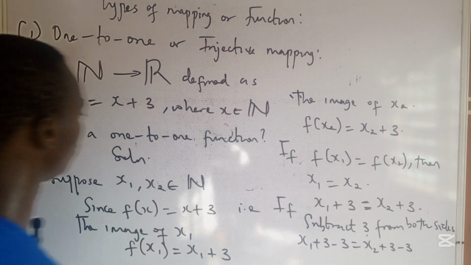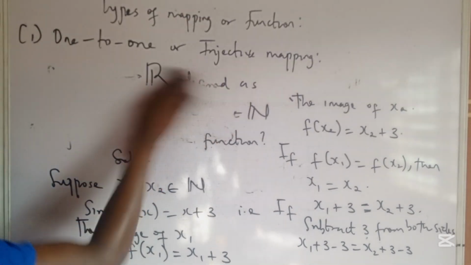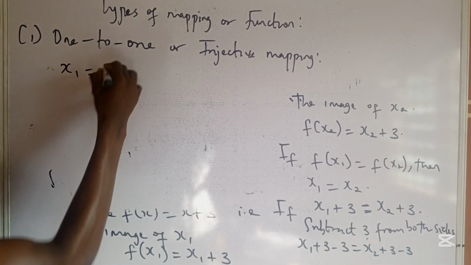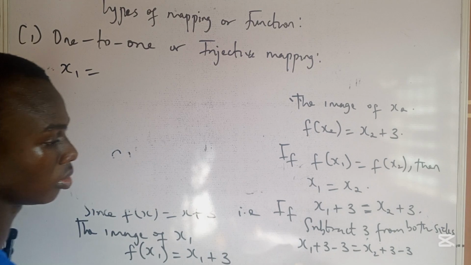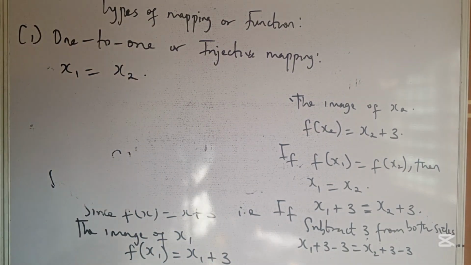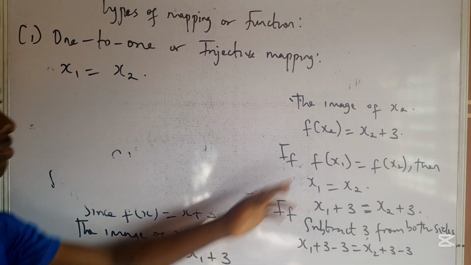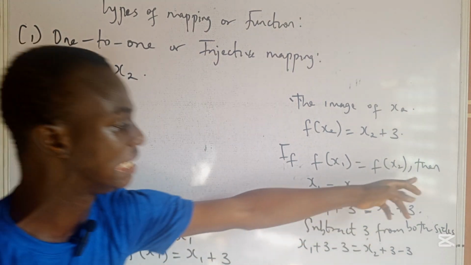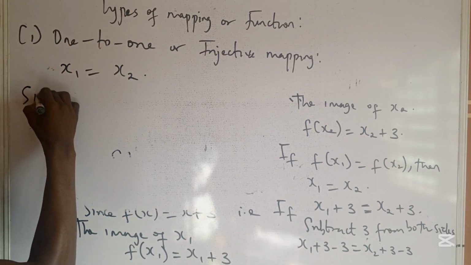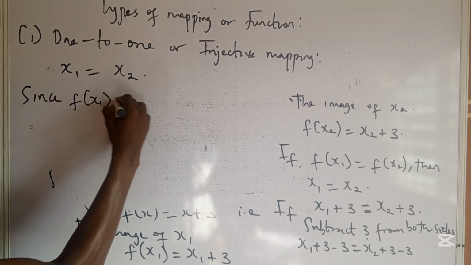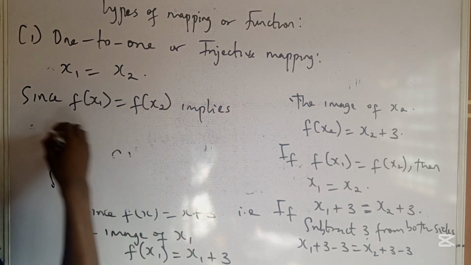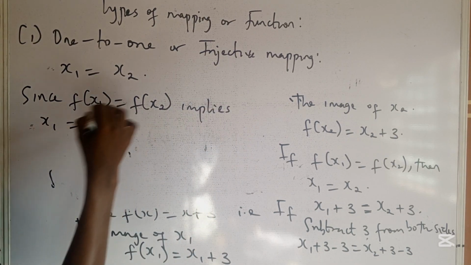So this will give us x1 equals x2, because 3 minus 3 is 0, and 3 minus 3 is also 0. So this means that x1 equals x2. And from what we have here, we say if f of x1 equals f of x2, then x1 will be equal to x2.